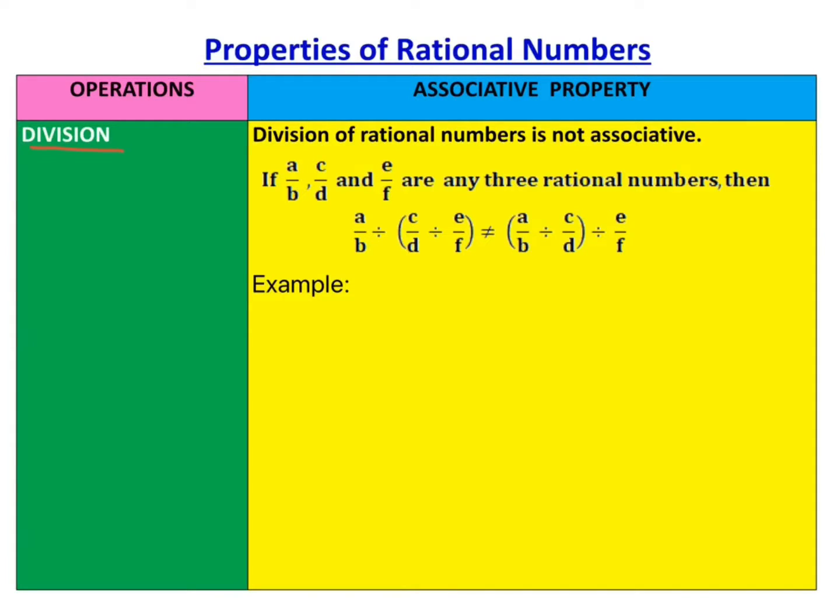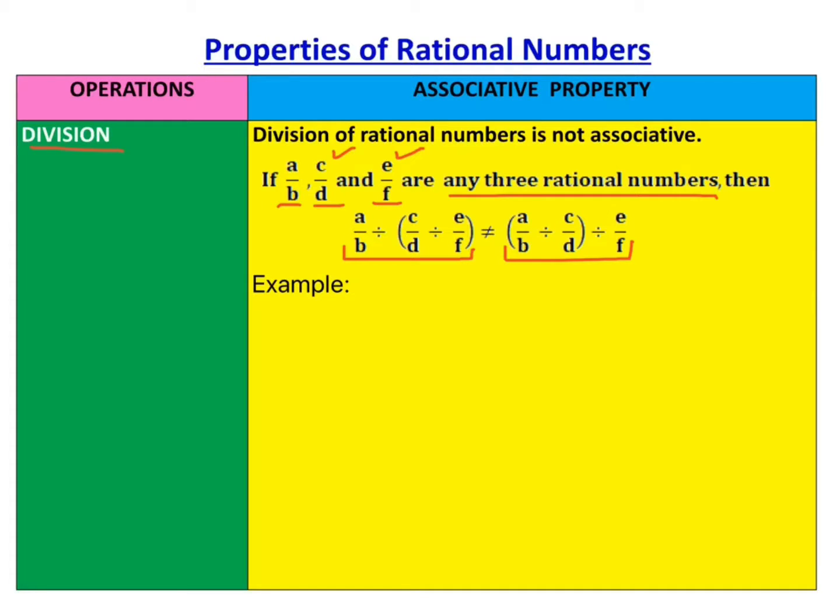It states that if A by B, C by D and E by F are any three rational numbers such that C by D and E by F is not equal to 0, then while dividing these three rational numbers, if we group it in this way or in this way, the result is not the same.